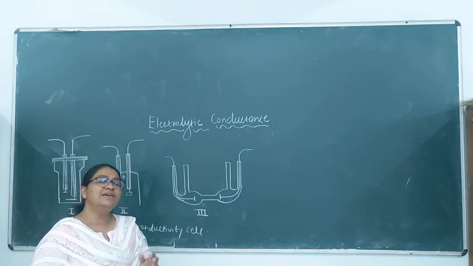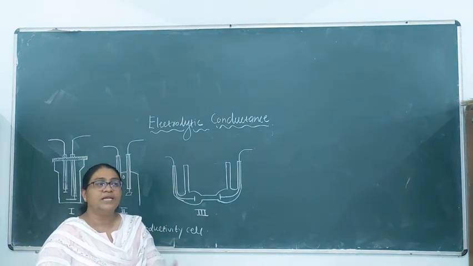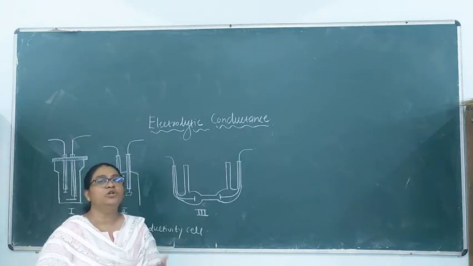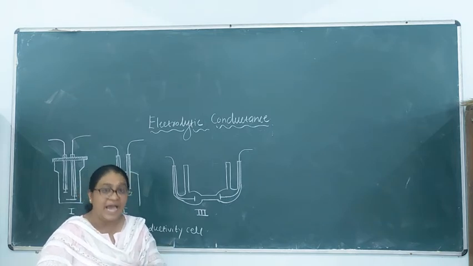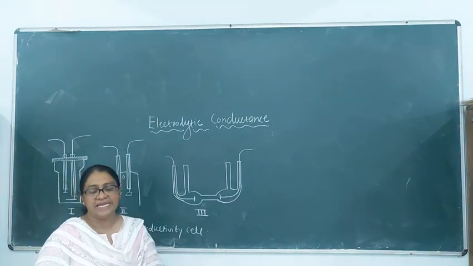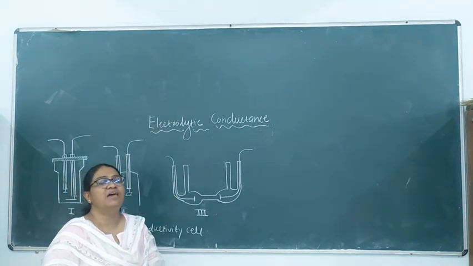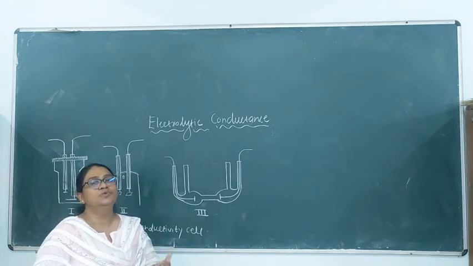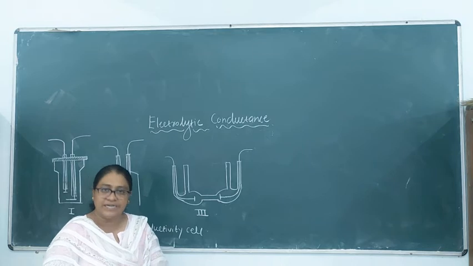Ideally, to measure the resistance of the solution, the distance between the 2 electrodes must be minimum and the electrodes must have large cross-sectional area. Such conducting solutions have less resistance. So this is the ideal condition to use the conductivity cell for the conduction.